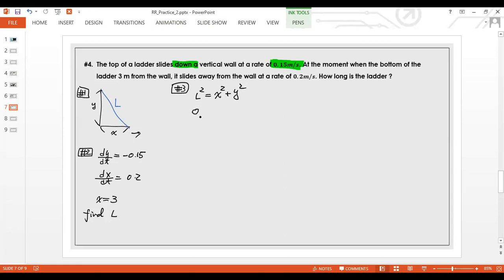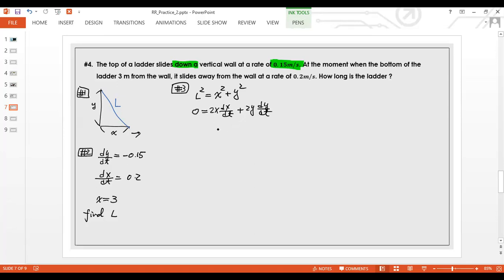So this one here will be 0 because the length of the ladder is fixed, right? Now here, this is 2x dx/dt, correct? And then plus 2y dy/dt here.